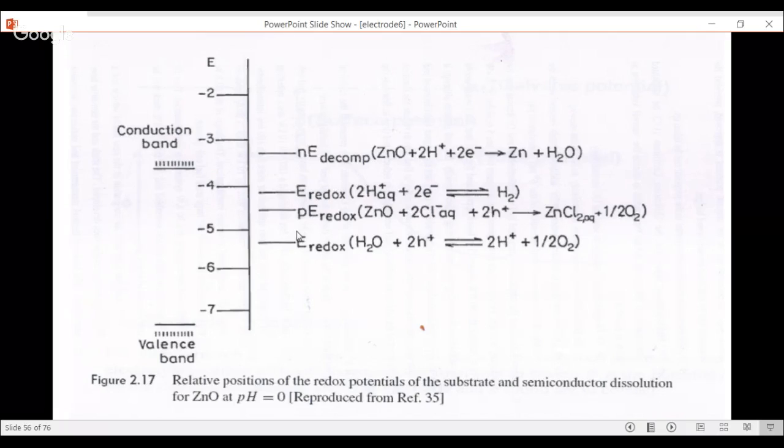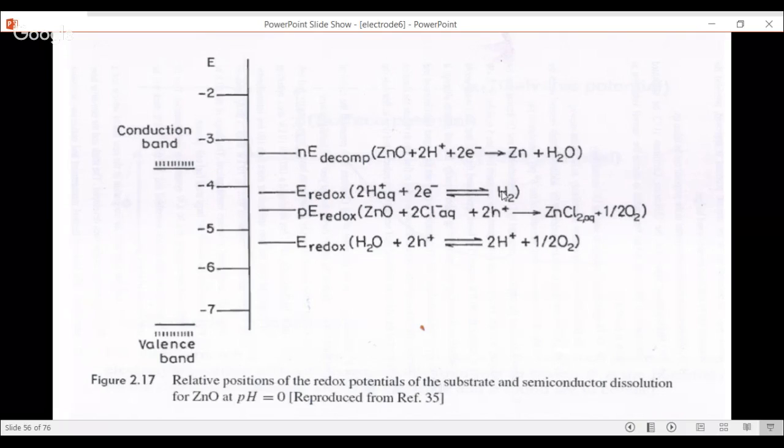Now, if the electrode itself is capable of undergoing some oxidation reaction, for example zinc oxide, zinc oxide plus 2 H plus plus 2 electrons gives rise to zinc. So zinc 2 plus gets reduced to zinc.